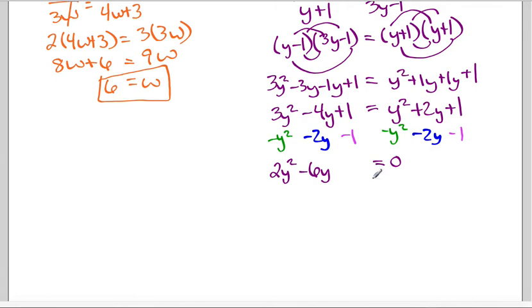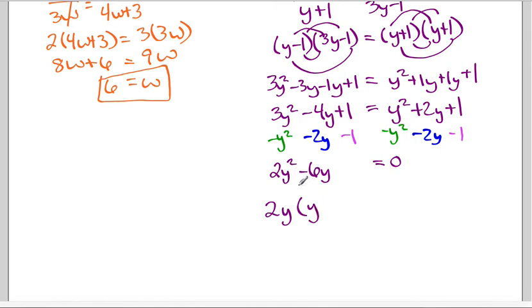Since it's not a trinomial, I don't need to factor it like I would traditionally factor it. I need to factor out the greatest common factor. The 2 and the 6, the greatest common factor is the 2. Between y squared and y, the greatest common factor is y. So I'm going to factor a 2y out. If I take 2y out of 2y squared, I'm left with just y.